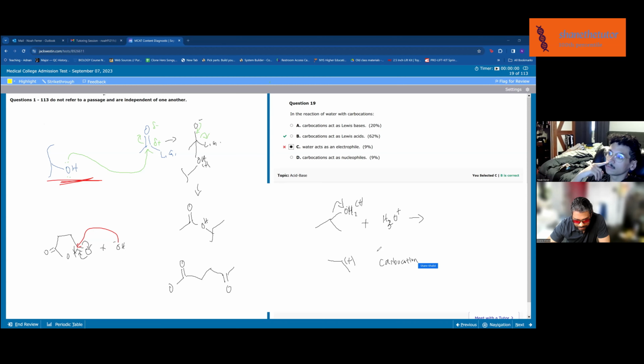and it's particularly a secondary carbocation. If it was just like this, it'd be primary. If it was like this, it'd be tertiary. Which ones do you think are the most stable? Probably the tertiary structures. All right, why?